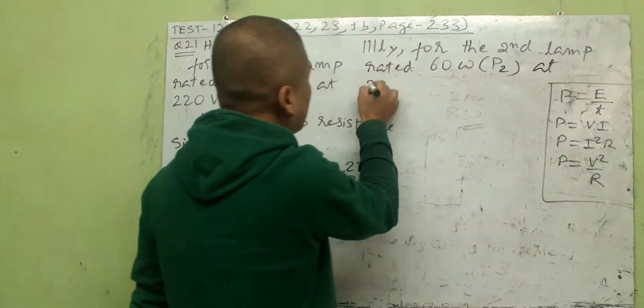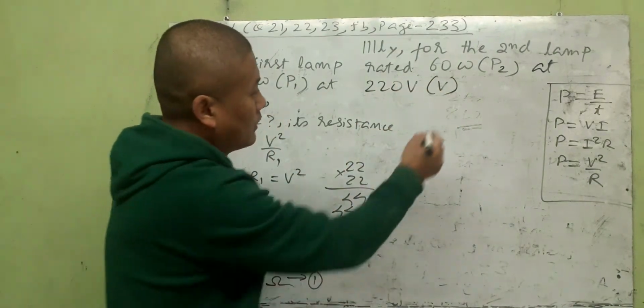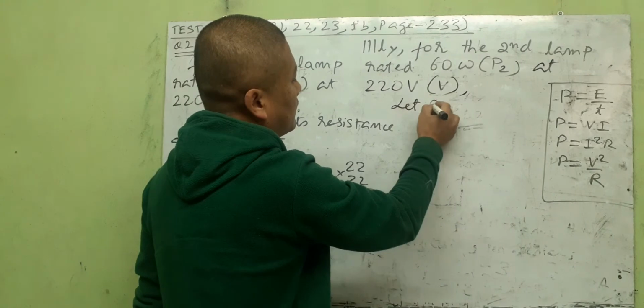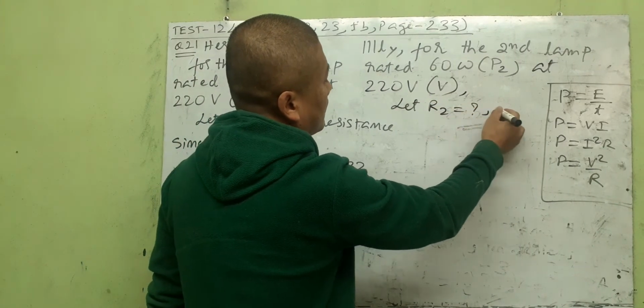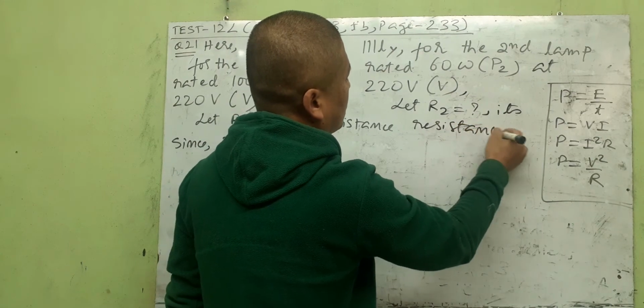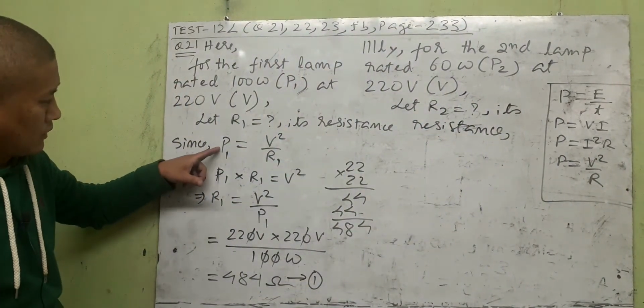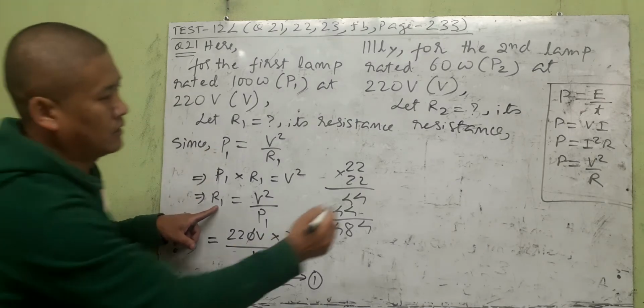Again 220 volts, so the voltage is the same V. In this case, the resistance will be different, so R2 equal to question mark is its resistance. So we wrote here similarly like we did for the first case. So directly we can avoid these two steps and go here.